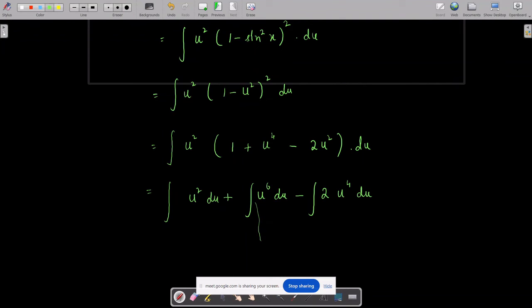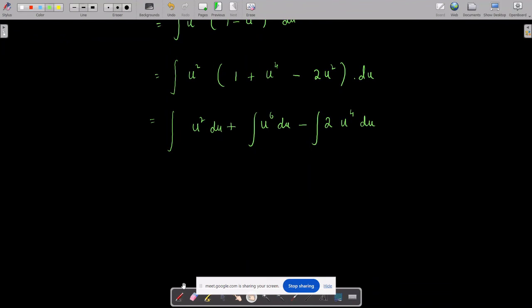And then you just have to make sure that at the very end, you can technically start plugging in. You would get 1/3 u cubed plus 1/7 u to the 7th minus 2/5 u to the 5th plus c. Sub back in u with sine x. Exactly.